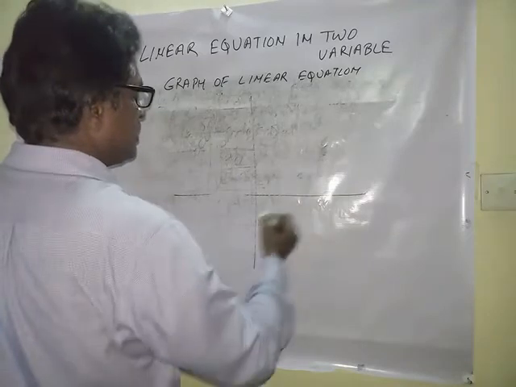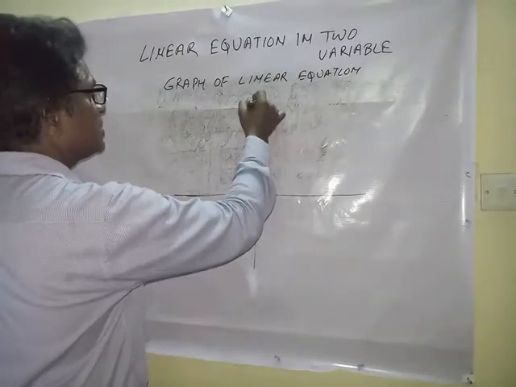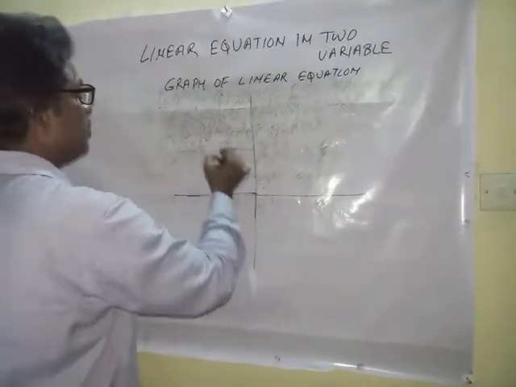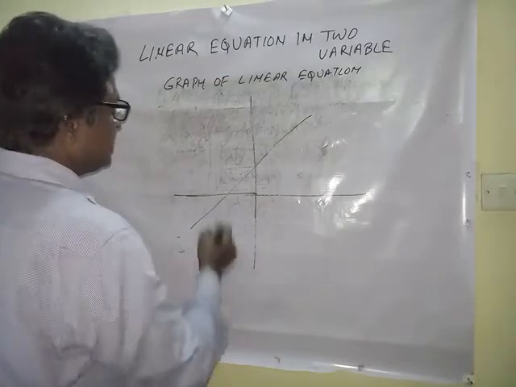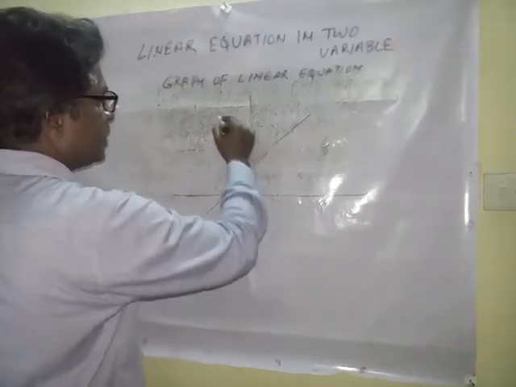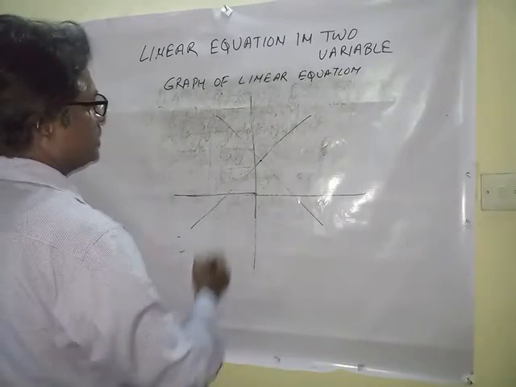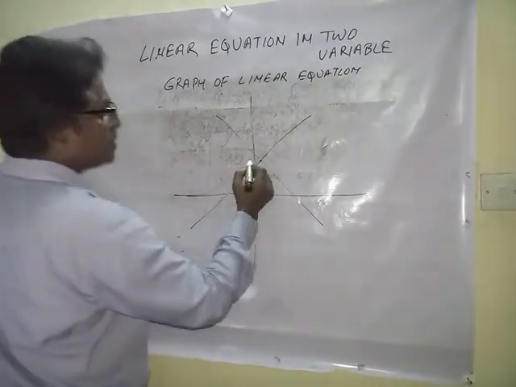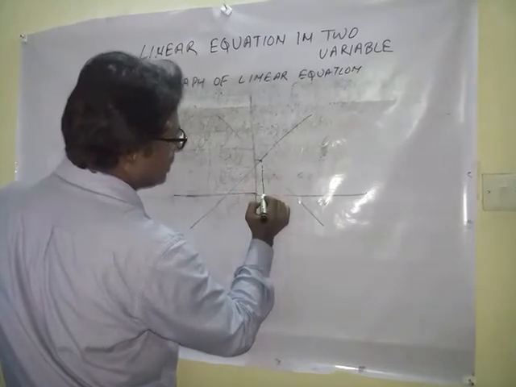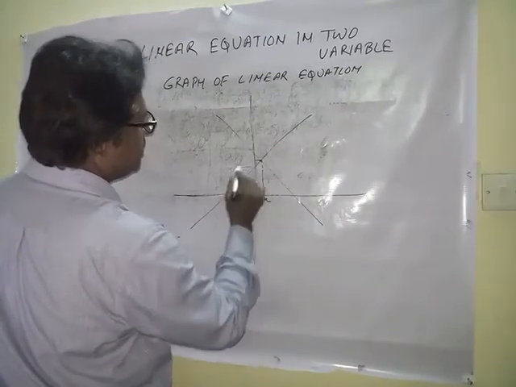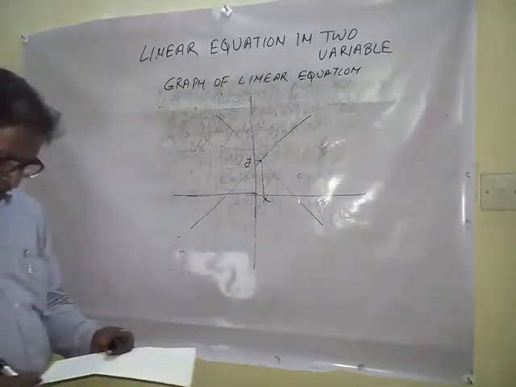Suppose two equations are given and the first equation graph is going like this and the second equation is going like this, then this is the intersection point. So for the coordinate of the intersection point, you have to draw a line here and a line here. Whatever is the value of x here and whatever is the value of y here, you have to find it out.